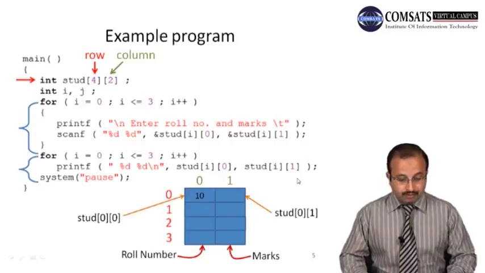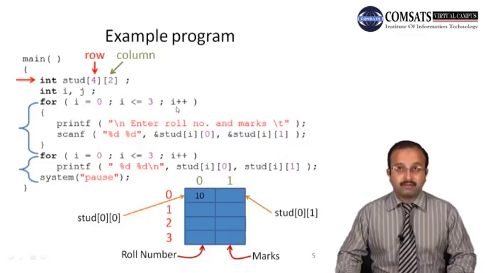Then the value of i will be incremented, the condition will be checked, the value of i will become 1, the condition 1 less than or equal to 3 is true. So again it displays the message enter roll number and marks. Now this time we are going to store the values at STUD[1][0] and STUD[1][1].